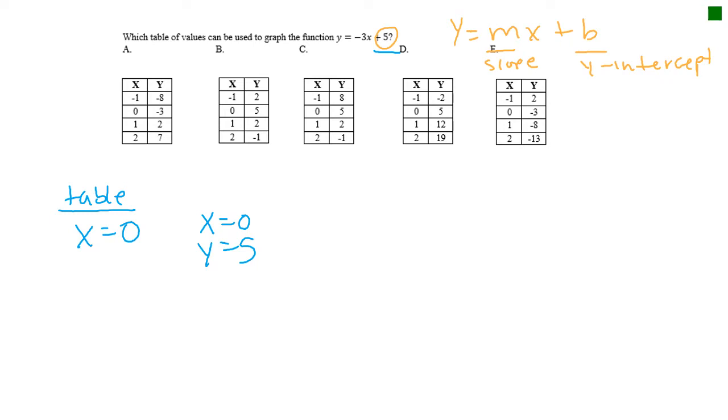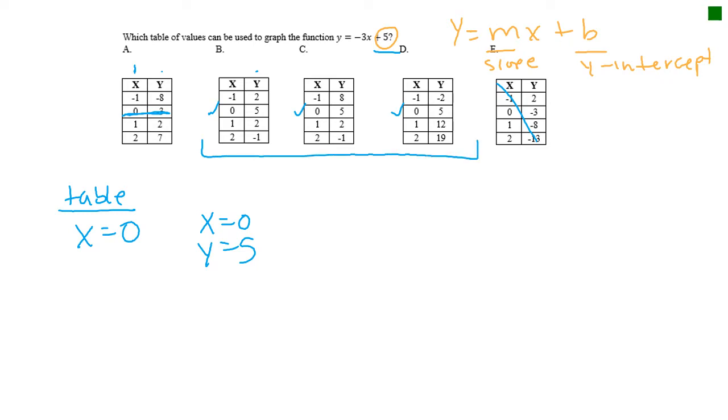Well, x's are on this side, the y's are on this side, right? All right, x of 0 and 3 does not match. 0 and 5, this one matches. 0 and 5, this one matches. 0 and 5, this one matches. And 0 and -3, this one doesn't match.